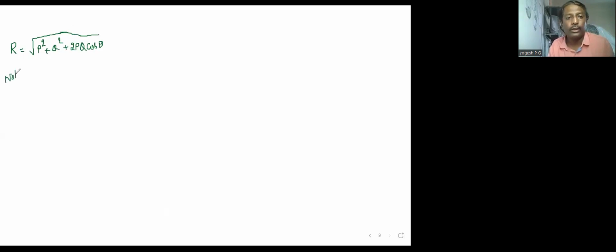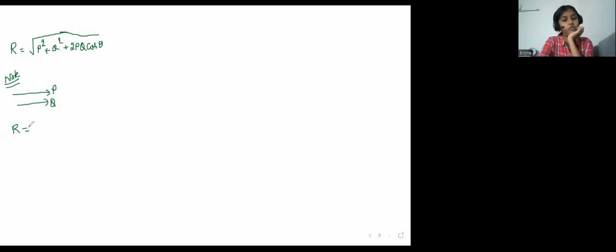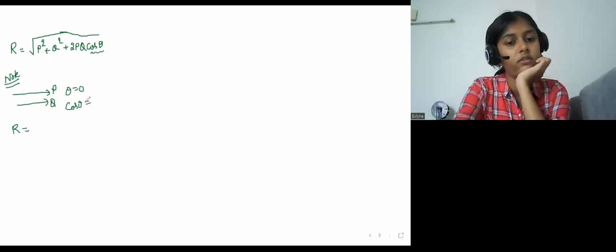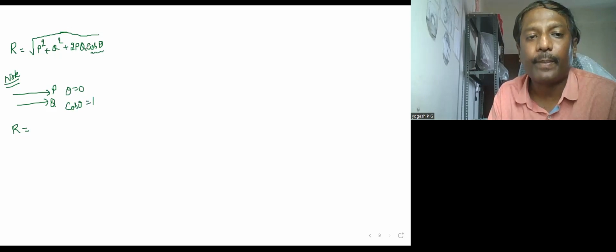Now, if I consider the two vectors P and Q are in the same direction, can you tell me what is R? What is the angle between P and Q? Yeah, angle theta is 0. Good. If I put theta as 0, what is cos 0? 1. So 1 into 2PQ will be just 2PQ, right?